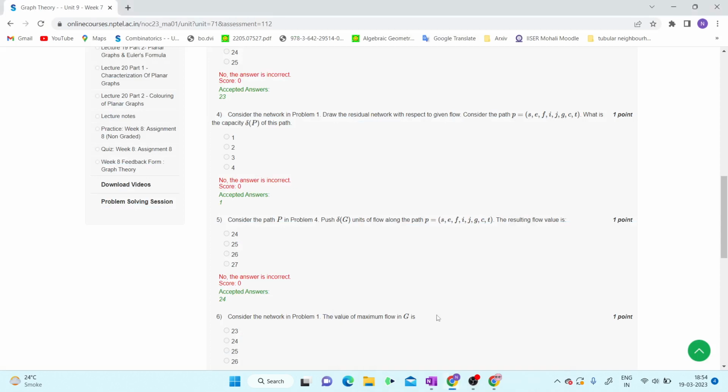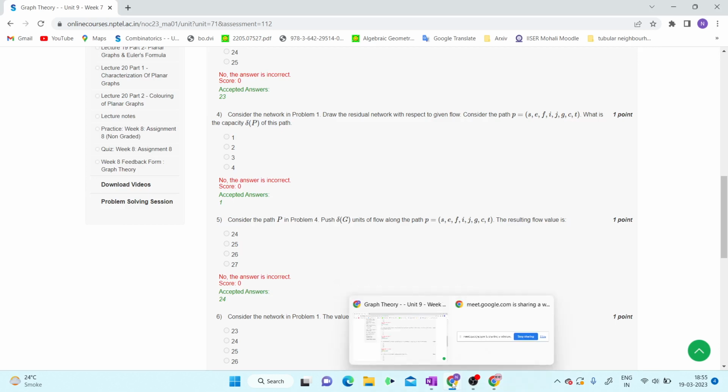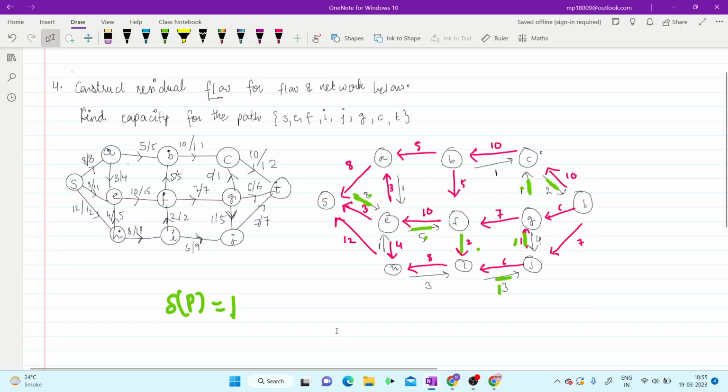No. So basically, the fifth question is that you consider the path P in problem 4, push del G units of flow along this path, and find the resulting flow value, right? Yes, ma'am.